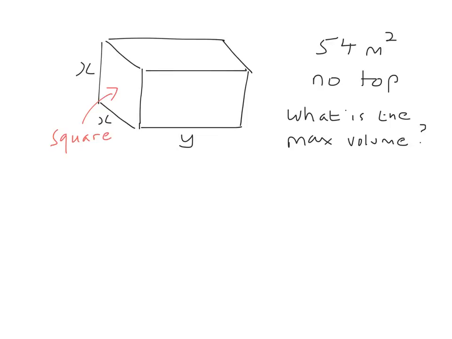So the total area is going to be x squared. That's this area here. There's another x squared on the other side there, so that's 2x squared. What about the front?